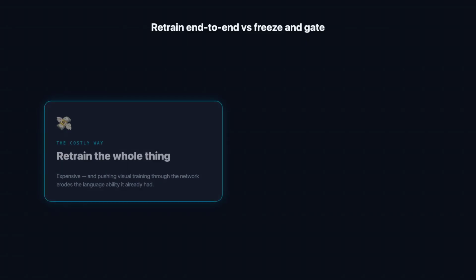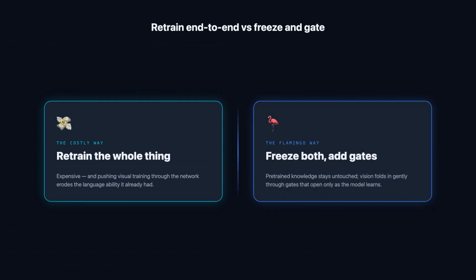Here's the design choice that defines Flamingo. You could retrain a multimodal model end to end. It's expensive and worse. Forcing new visual training through the whole network tends to erode the language ability the model already had. Flamingo instead freezes both the vision encoder and the language model, and adds gated attention layers on top.